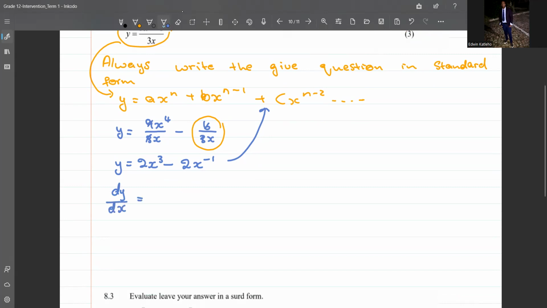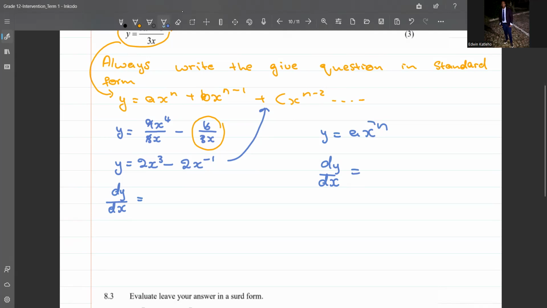The law that we are going to apply, if you're given y equals a x to the power of n, is deriving the equation of y in terms of x. The law states that we write dy dx. We focus only on the exponents of x.